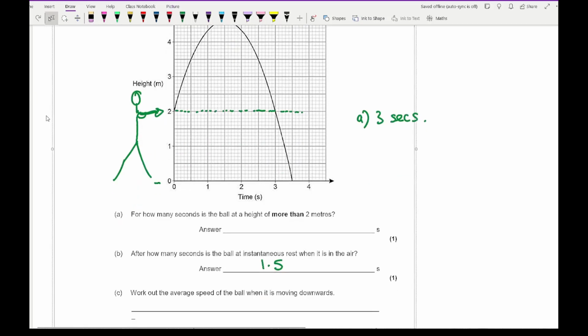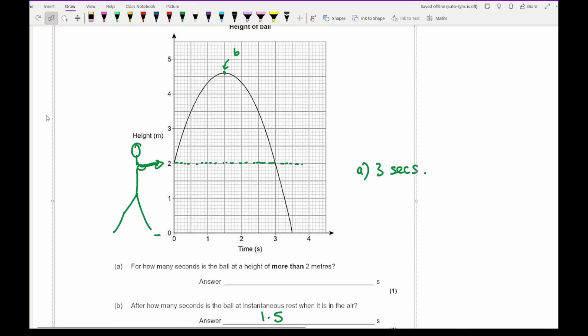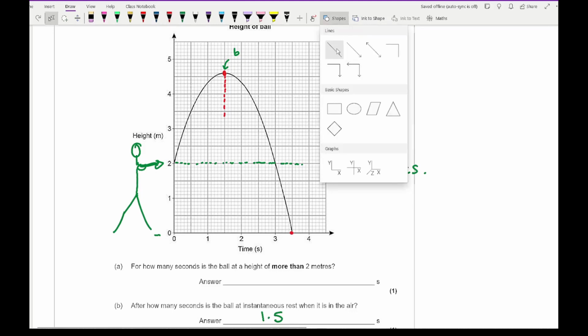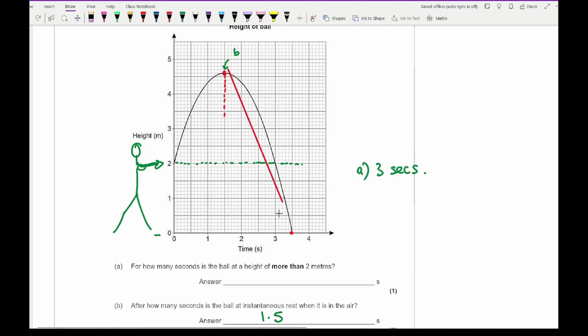The next question, C, then says work out the average speed of the ball when it is moving downwards. So here what I'm looking for is, this is my start point, this is the end point. So I then need to draw a line from those 2 points. So let's just do that. Like so.